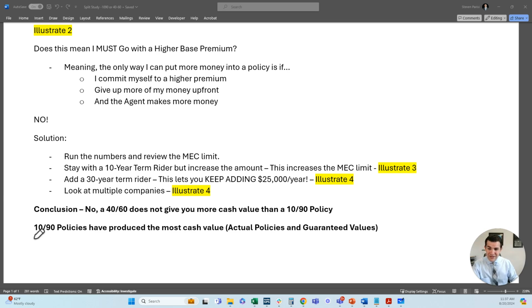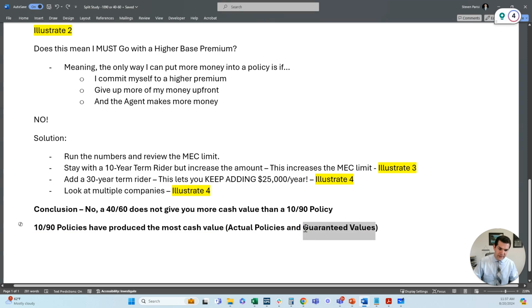And what I've seen is the minimum premium policies produce the most cash value when we look at actual results, and then also the guaranteed values. And that tells it all, in my opinion. Whatever is guaranteeing the most, I typically see produce the most on the non-guaranteed side as well.